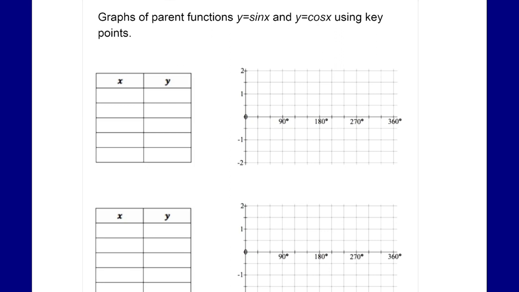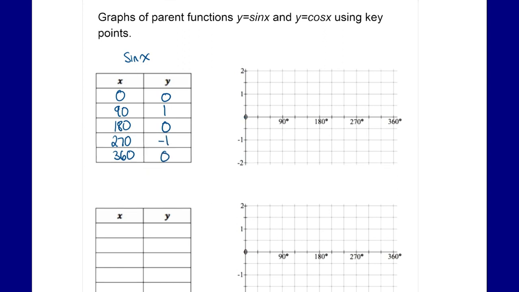So for our sine wave, we're going to look at 0, 90, 180, 270, and 360. We can reference back to the previous lesson if you want, or you can just enter in sine of 0 and see what we get. We end up with 0, 1, 0, negative 1, and 0.